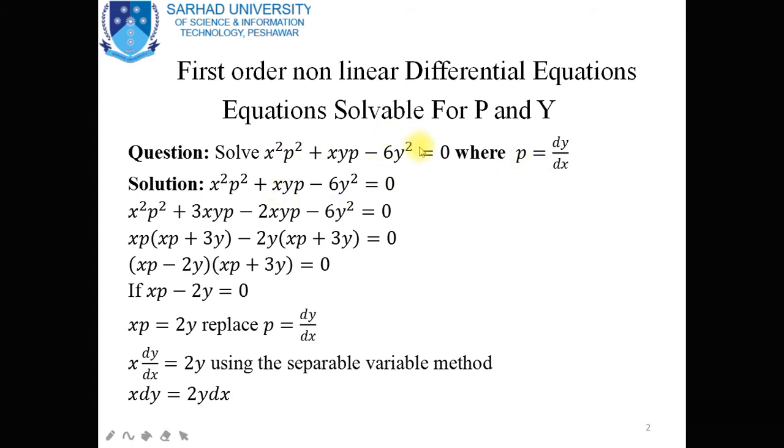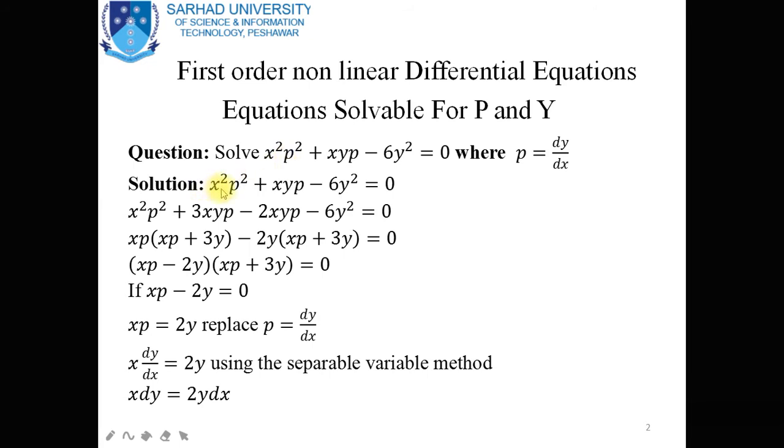When the equation is solvable for p, first of all factorize this differential equation. When we replace dy by dx by p, it looks like an algebraic equation, so first factorize this algebraic equation.